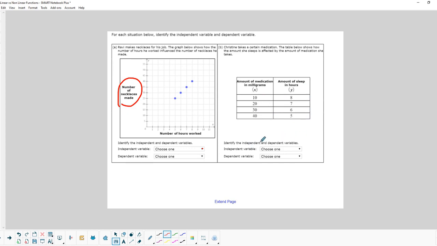So what is the independent variable? Well, that would be the x's, so that would be amount of medication, right? Medication amount. Okay, then the dependent variable would be hours of sleep.